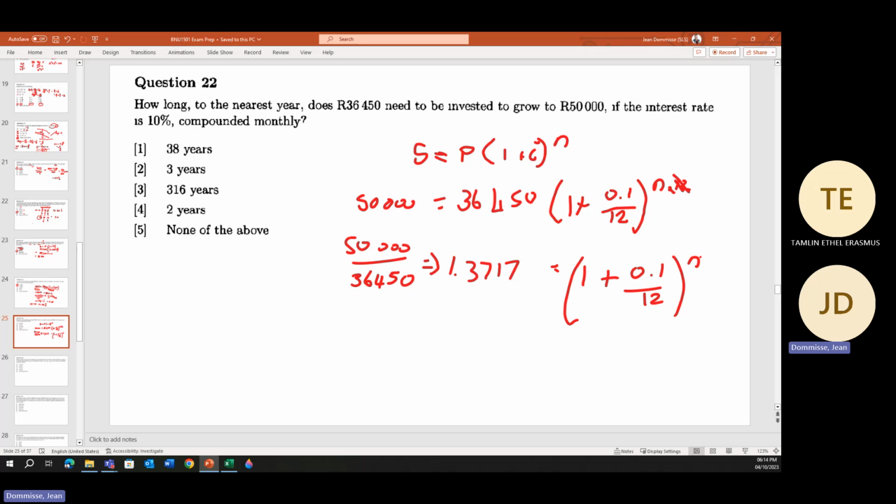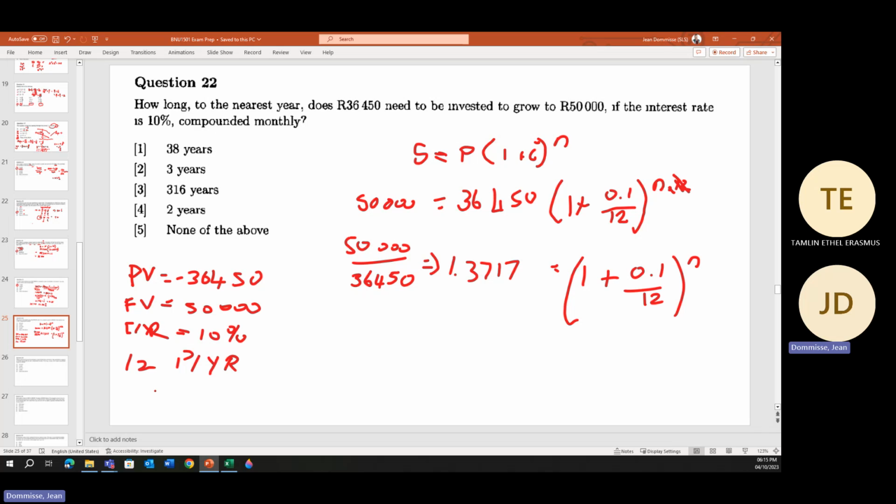I just quickly want to test with all of this information if we used the financial calculator. With a financial calculator, your present value is that, your future value is 50,000, your interest rate is 10%, it's done 12 times per year.